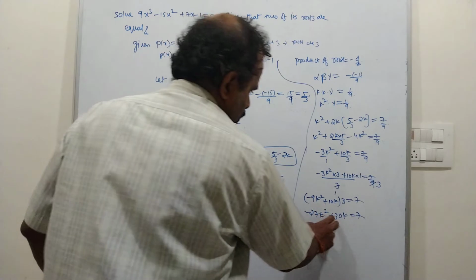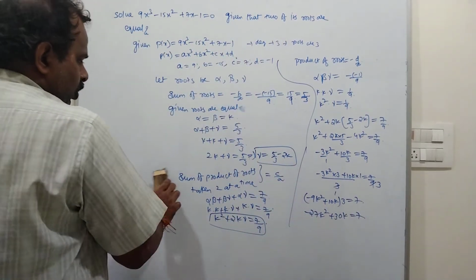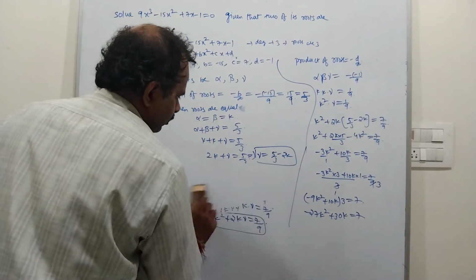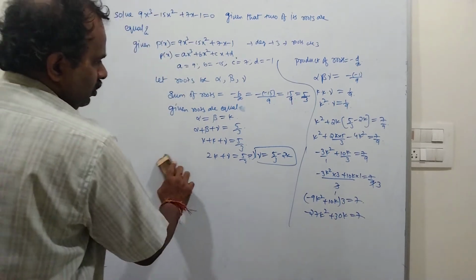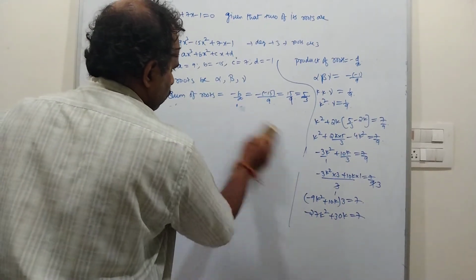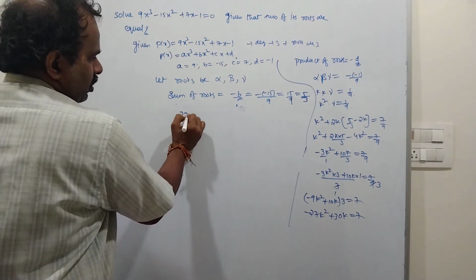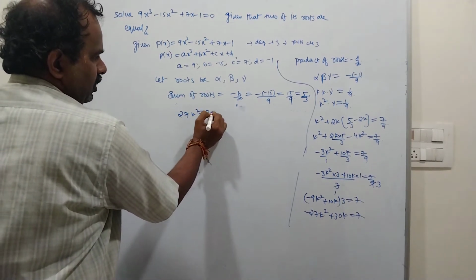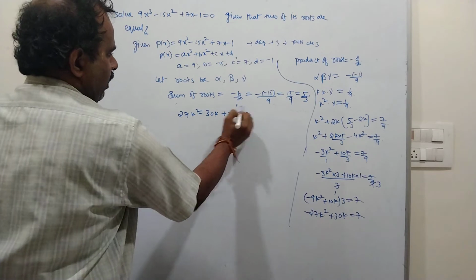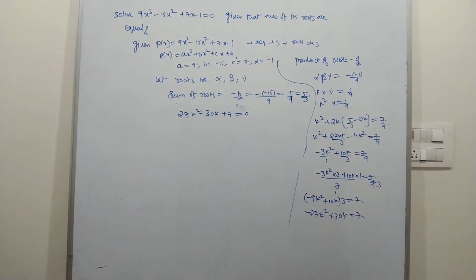Now get these two terms to the other side. So what do we get? 27k² − 30k + 7 = 0.